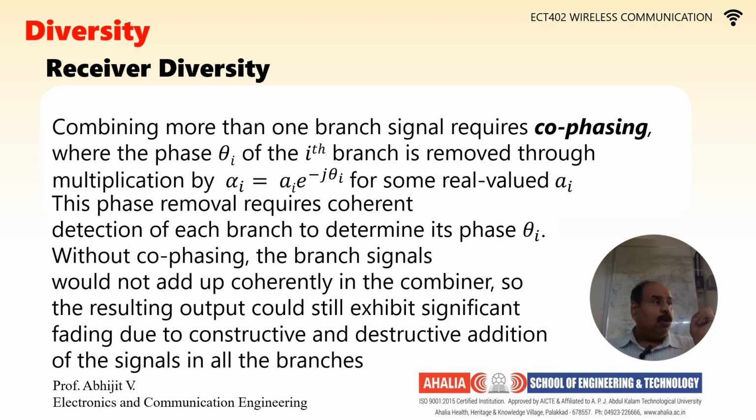We'll see as we go on, where the phase phi I of the ith branch is removed through multiplication by a factor alpha I, equal to a_i e raised to minus j theta I for some real valued a_i.